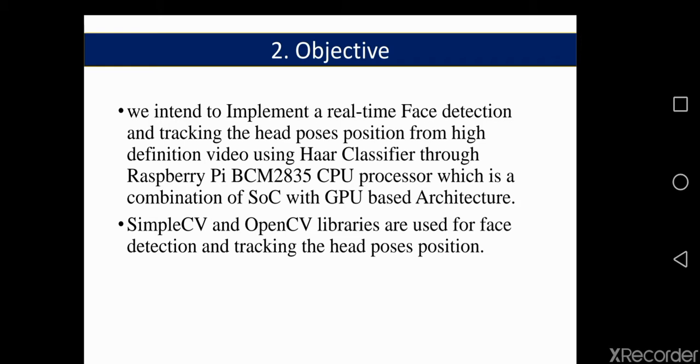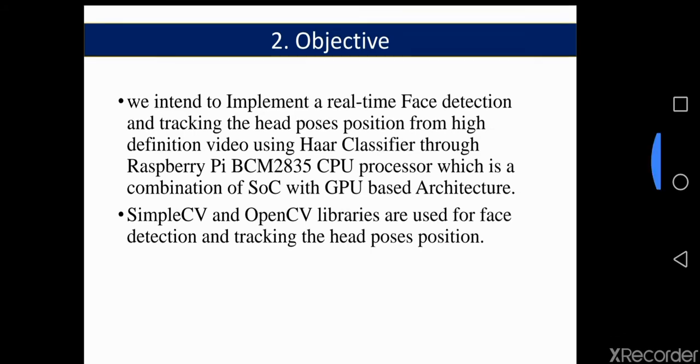The experimental results were computed using the computer vision, SimpleCV and OpenCV framework libraries along with the above mentioned hardware. Results were obtained using 1080 resolution for high accuracy and to increase the speed of detecting faces and tracking the head pose position.